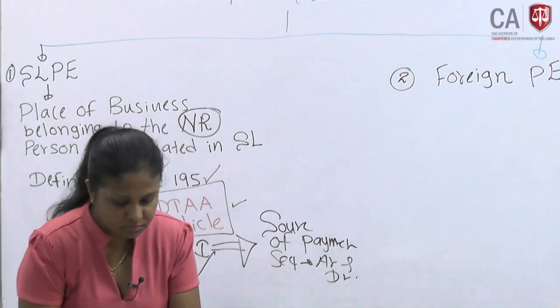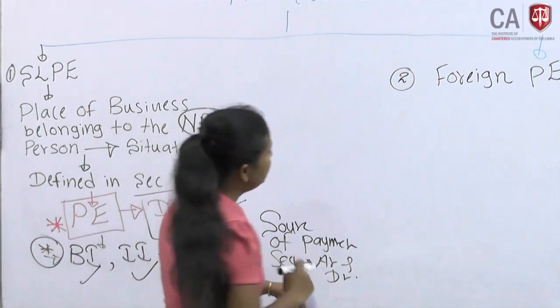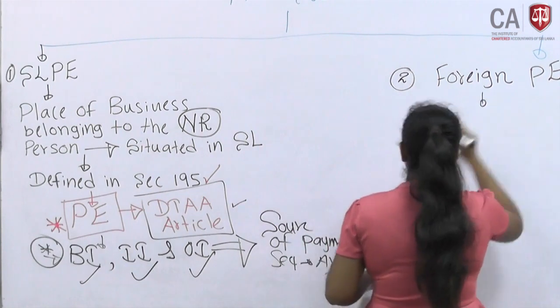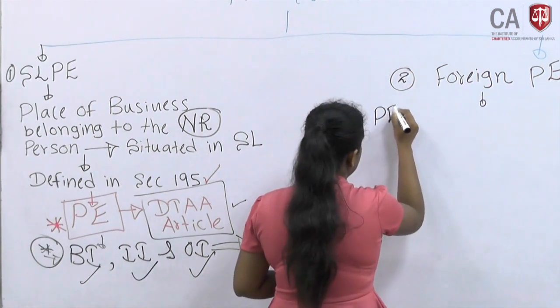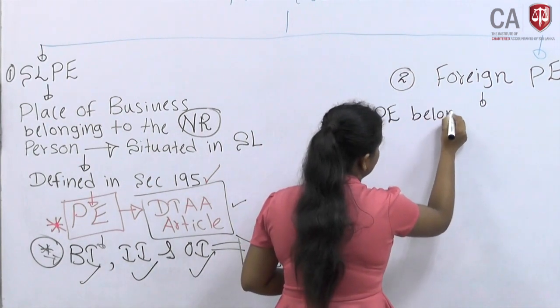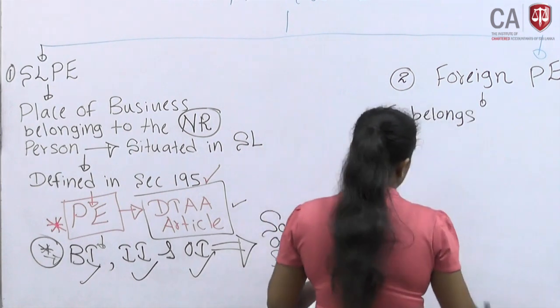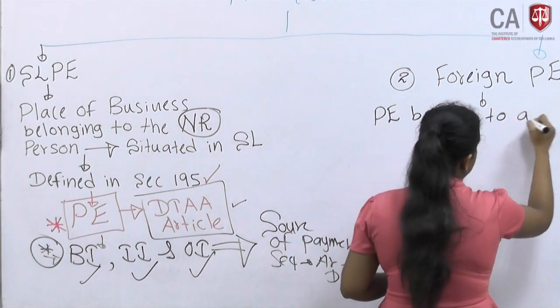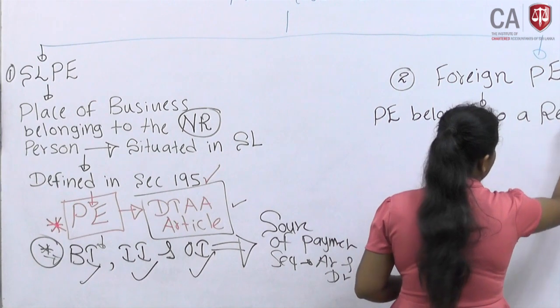Now come to this one, the foreign permanent establishment. This is where the PE belongs to a resident person.